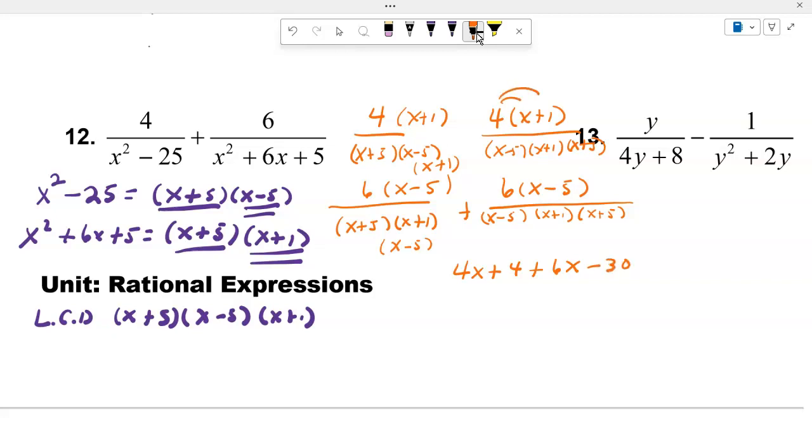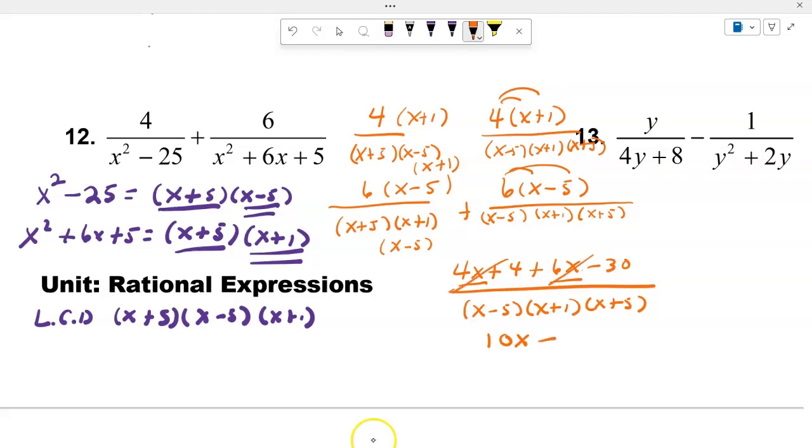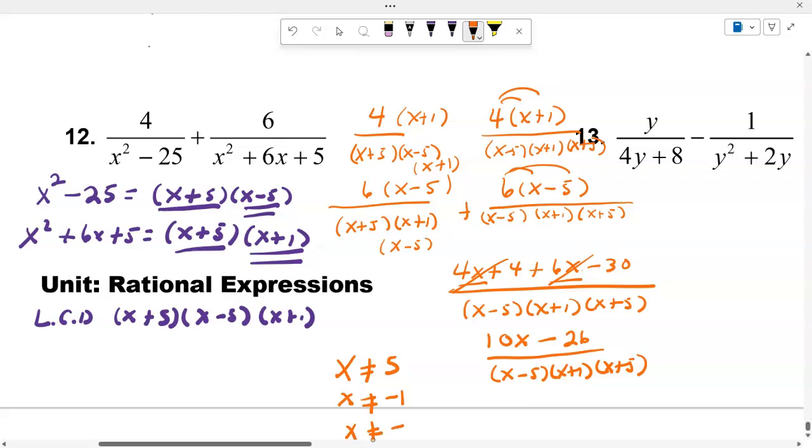I did the distributive property, and the common denominator is x minus 5, x plus 1, x plus 5. 4x plus 6x gives us 10x, and 4 minus 30 is negative 26, over x minus 5, x plus 1, x plus 5, and my restrictions are x can't be 5, x can't be -1, and x can't be -5.